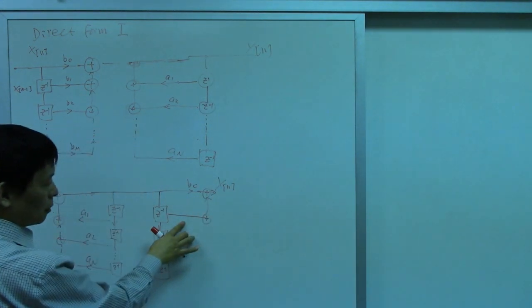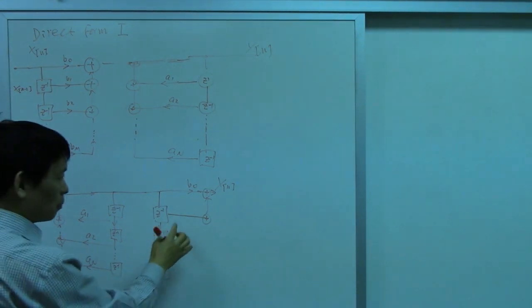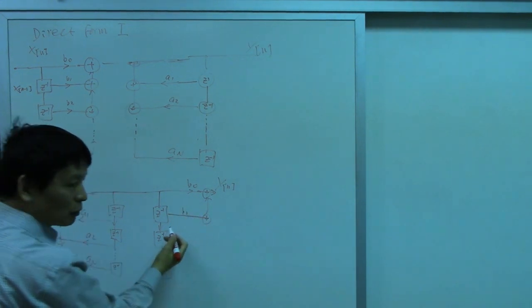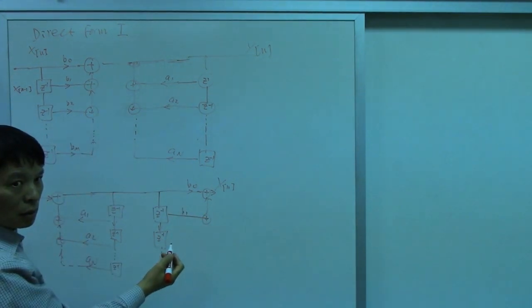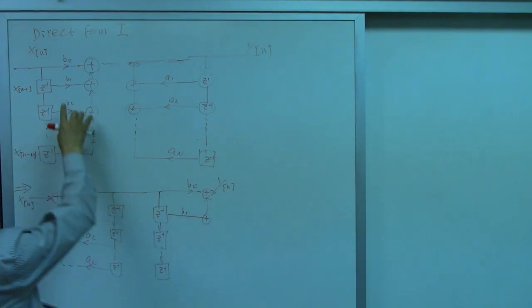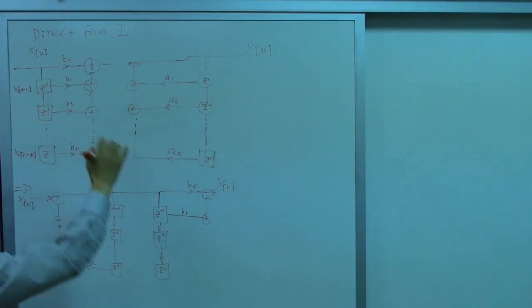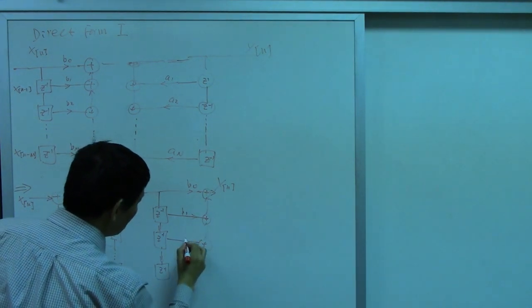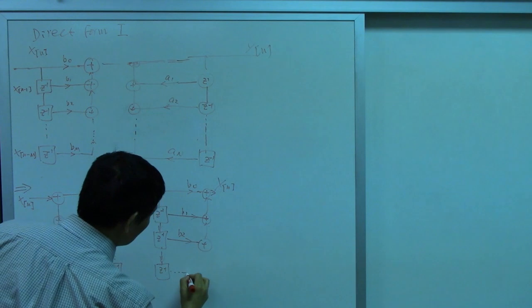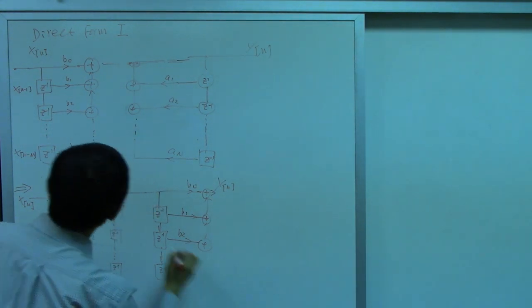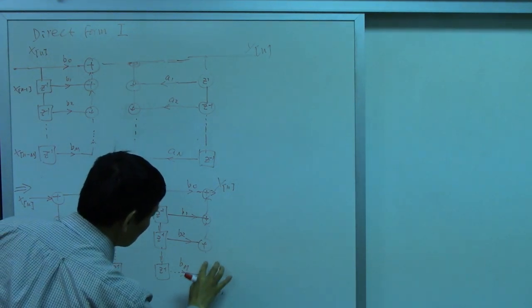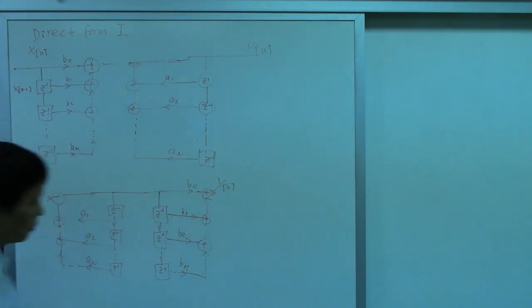And what is here? B0 is here. This way is B1, right? Alright, so B1. Which direction? To the right, okay. And this one here, B2 to the right, and here the last one, BM.